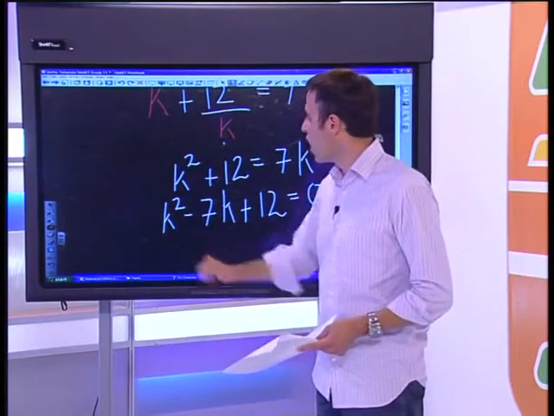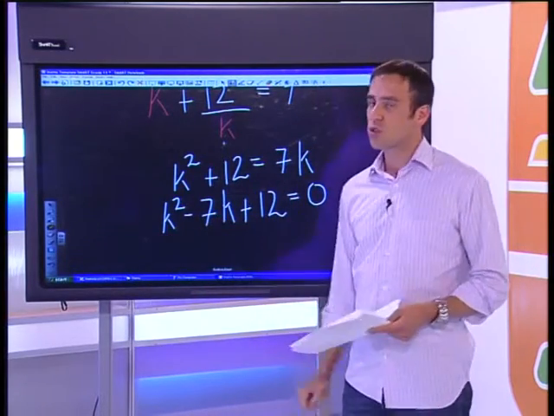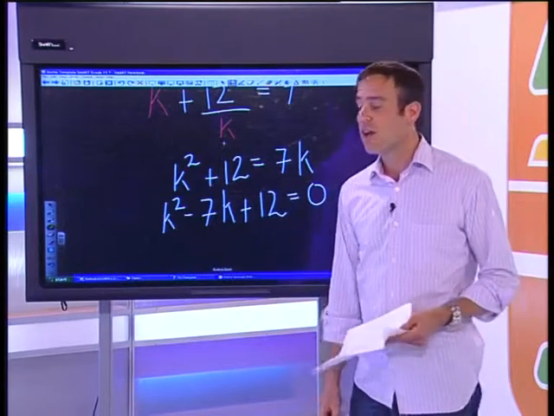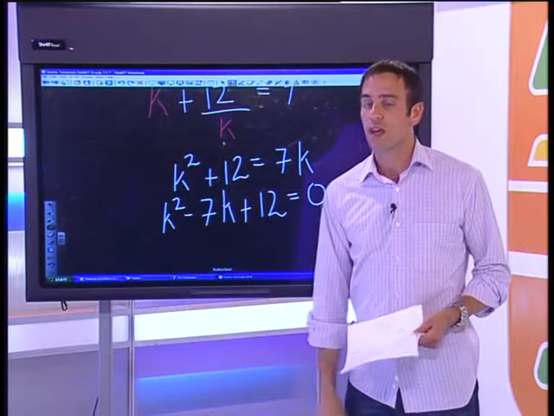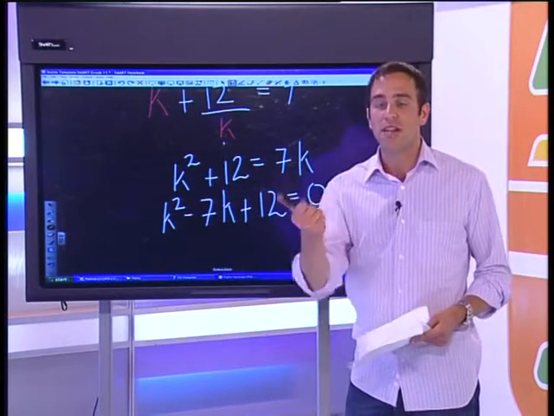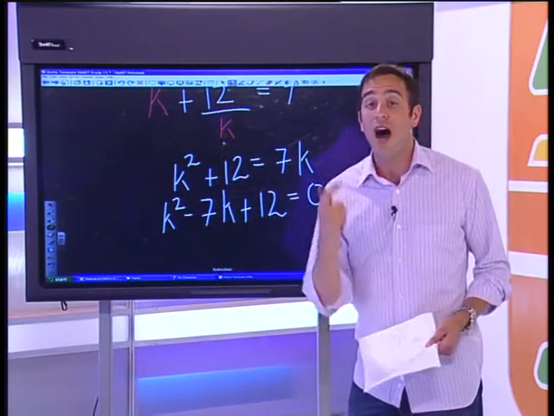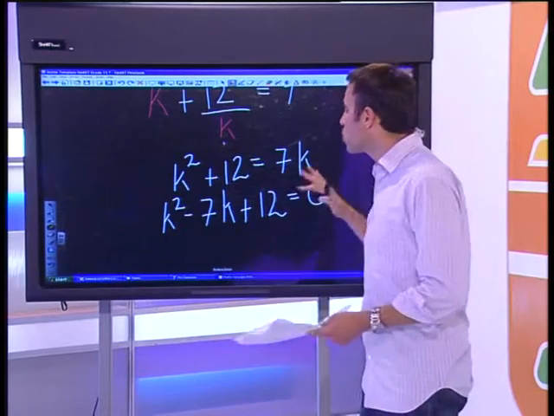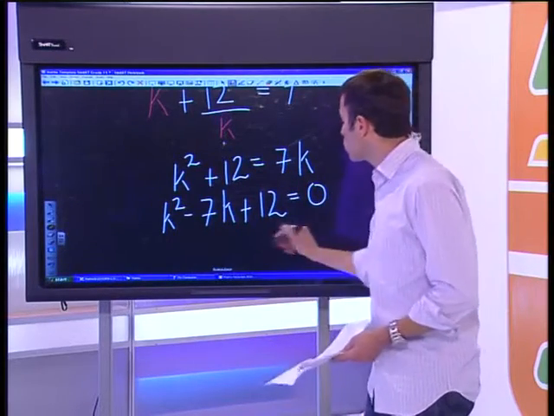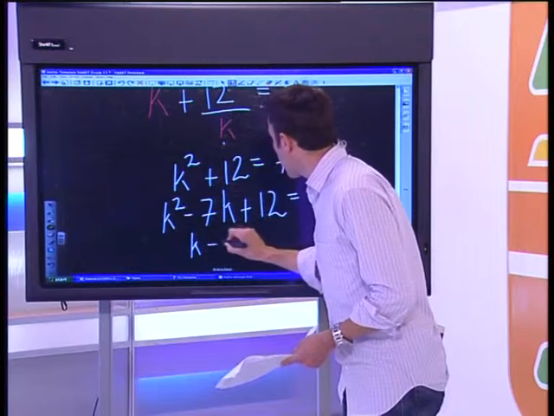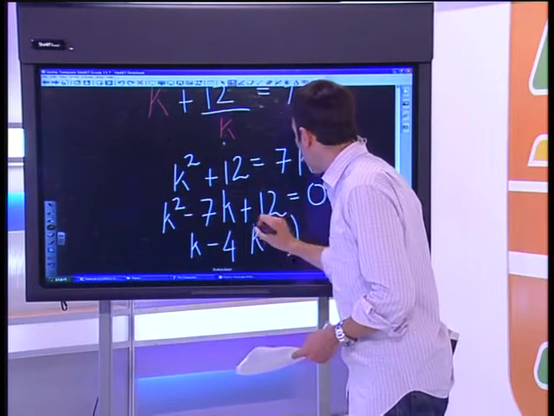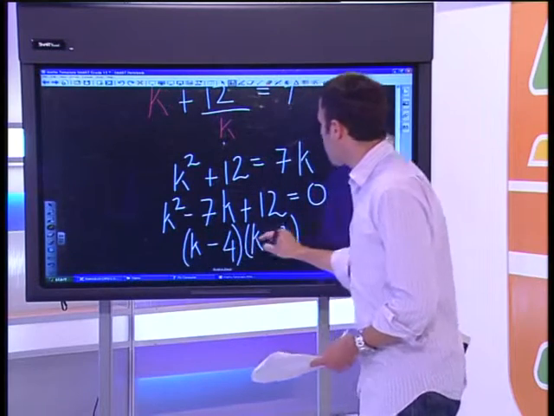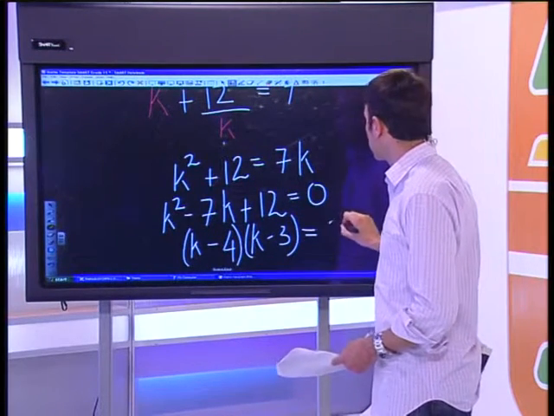Use a equal to 1, b equal to minus 7, and your c value is of course going to be 12. You'll use a plus, you'll use a minus, and you will get the right answer. I'm going to do this the factorization way. Factors of 12, of course, are k minus 4 and k minus 3, because minus 4 times minus 3 is positive 12, and minus 4 minus 3 is minus 7.